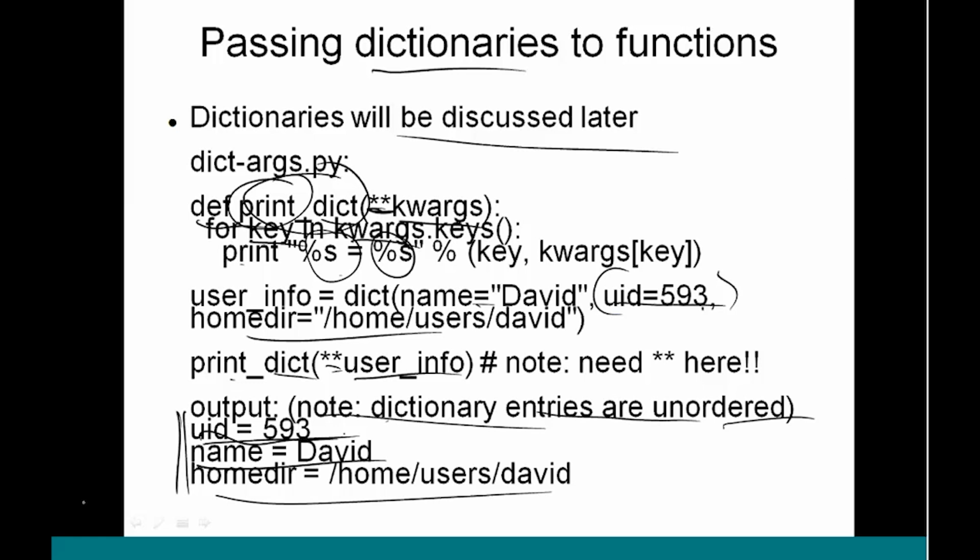When it printed out, user ID can be first and then name is second. Since it is unordered, this is what you may expect. And the other specific thing is when we pass the dictionary as an argument, we need to specify it with the double star.